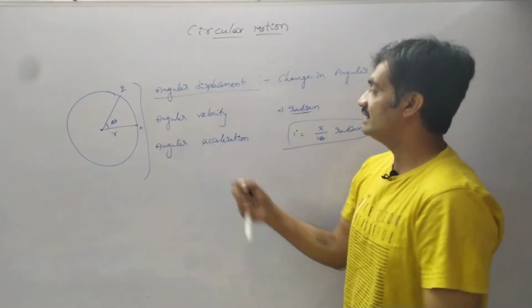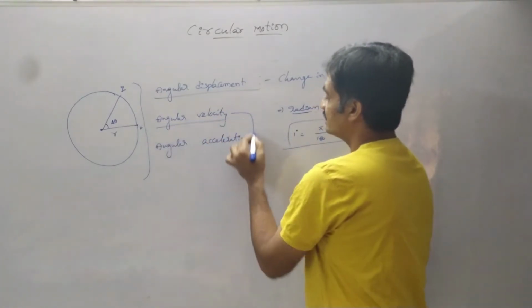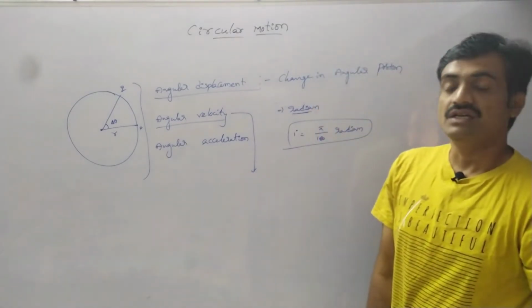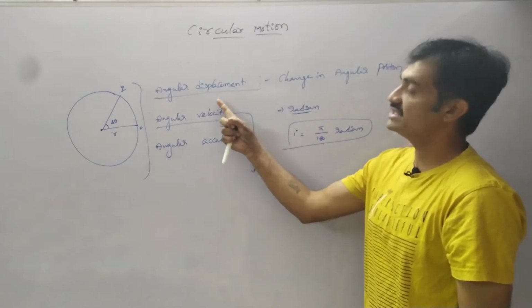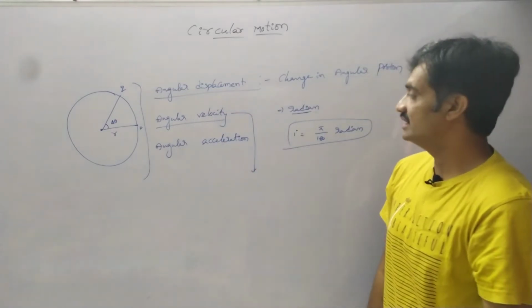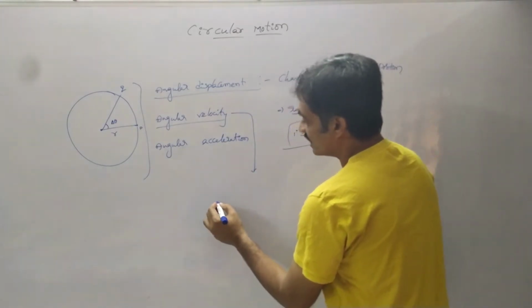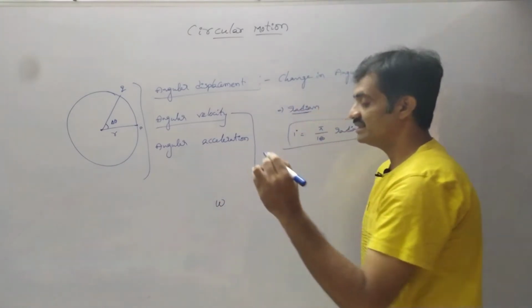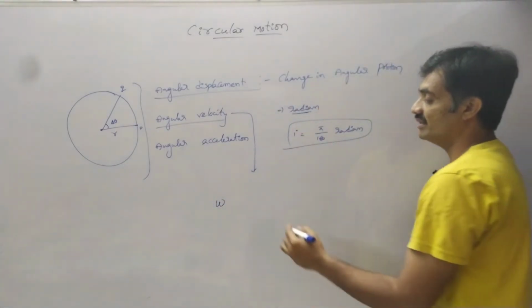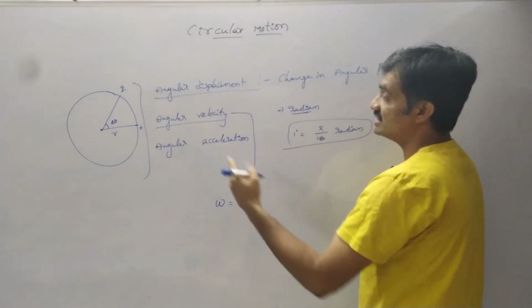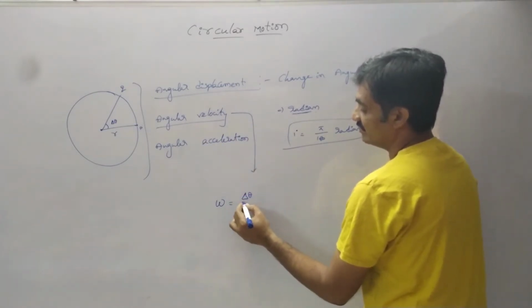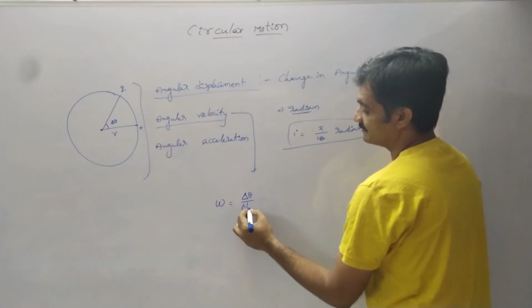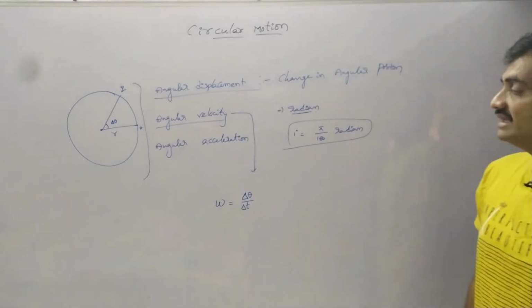Next one is angular velocity. Angular velocity is nothing but the rate of change of angular displacement. It is represented by omega, where omega equals the rate of change of angular displacement, that is, delta theta by delta t.